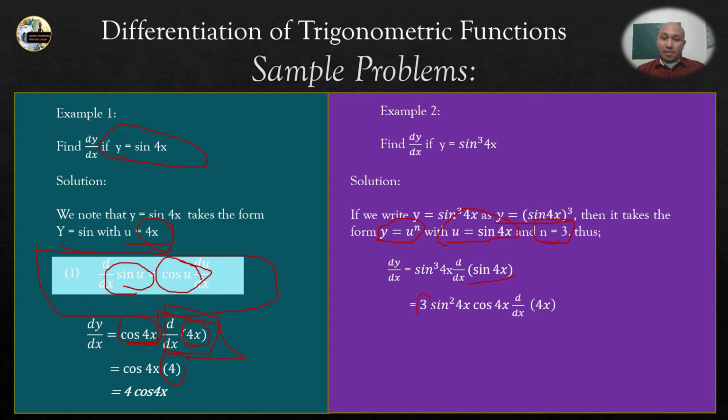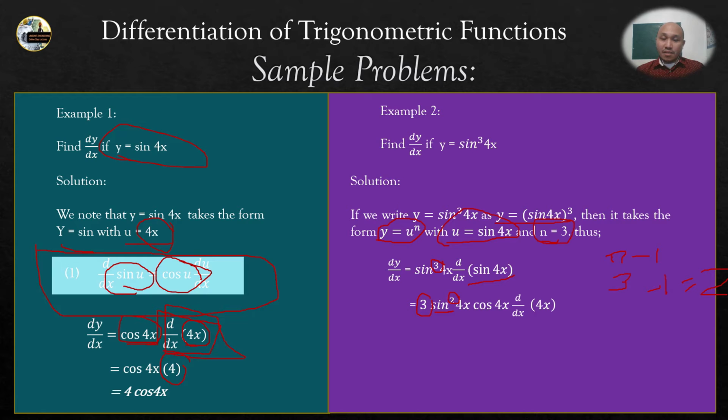So 3 comes from the sine cube here. Then sine squared, where the square comes from the power formula, n minus 1, so 3 minus 1, which is now 2, times cosine 4x.